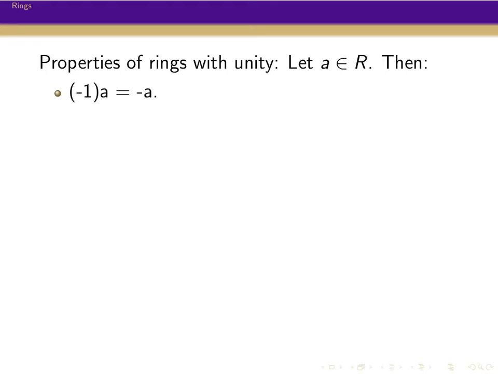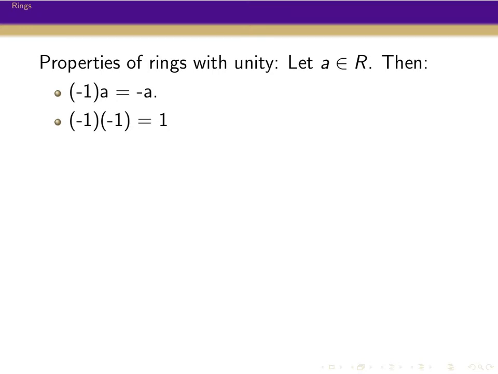Okay, now what if we have rings with unity? Well, if it has a multiplicative identity 1, then this has a negative. And so we have minus 1 times a is going to equal minus (1 times a) by what we saw before. But 1 times a is just a, so we have minus a.